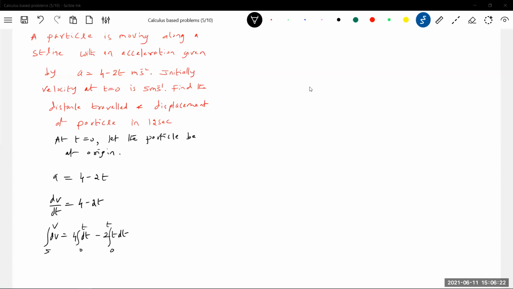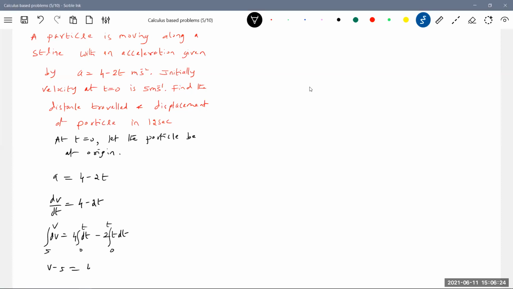I'm going to integrate this. This will become v minus 5 equals 4t minus t square. Directly I'm writing, or one more step: 2t square by 2, limits 0 to t. The next step will be v minus 5 is equal to 4t, the 2 gets cancelled, so minus t square.